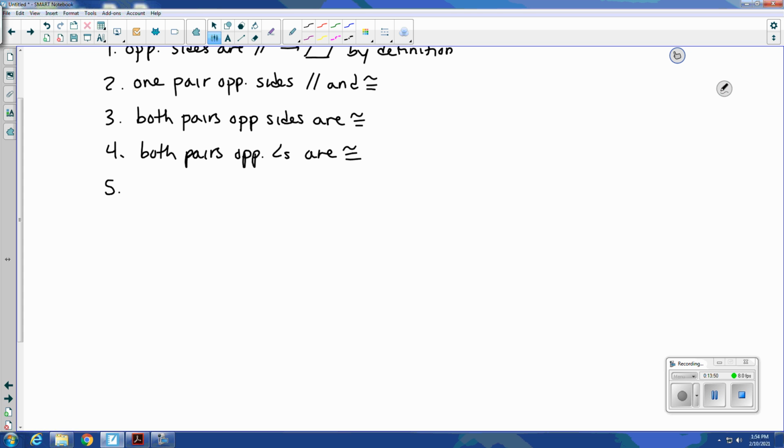Number 5, one angle is supplementary to both its consecutive angles. So that kind of relates to what we just showed.